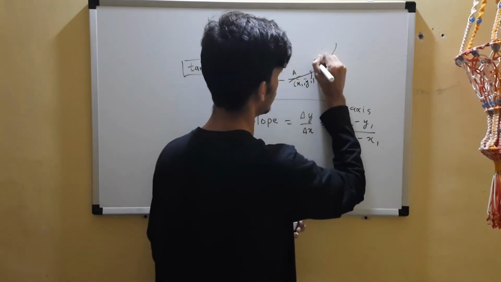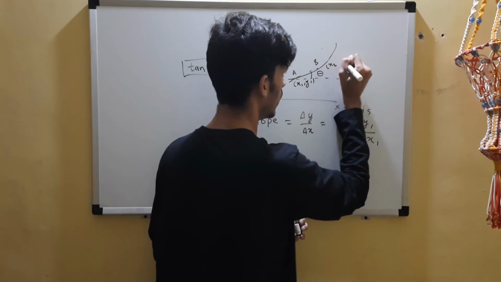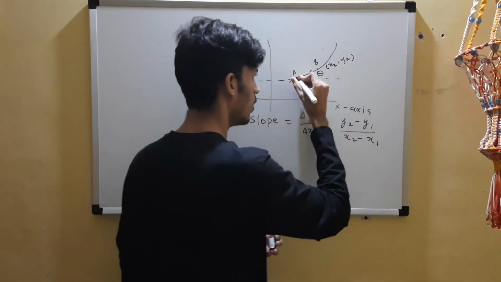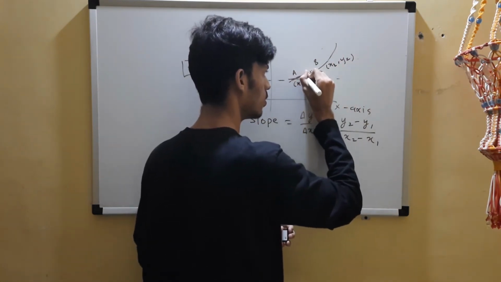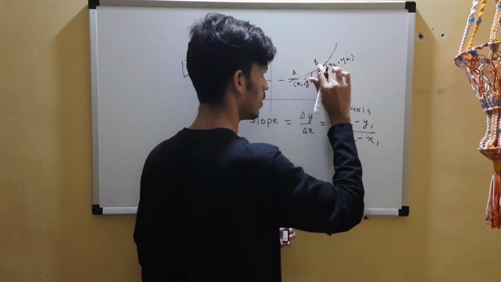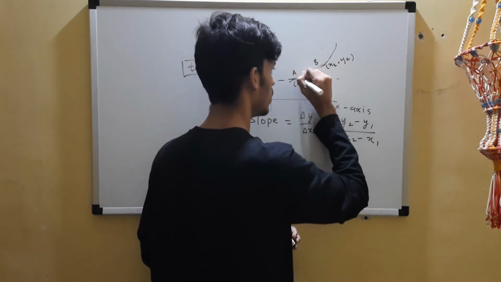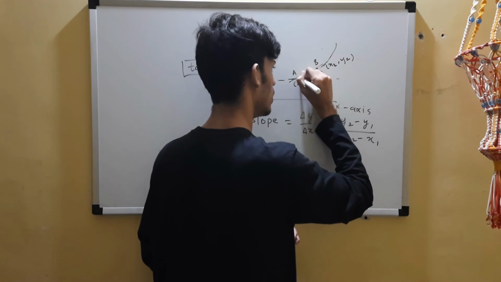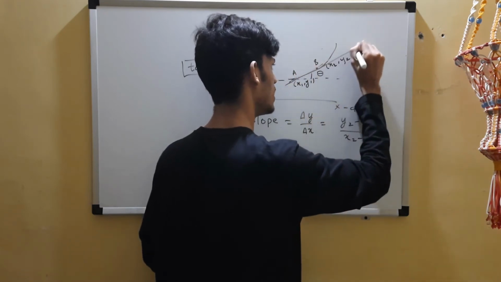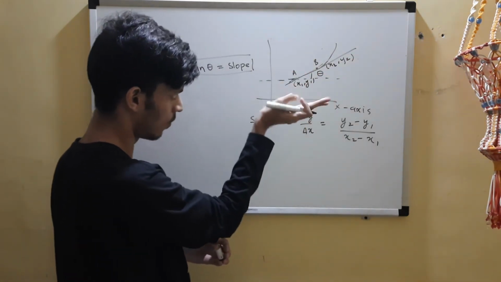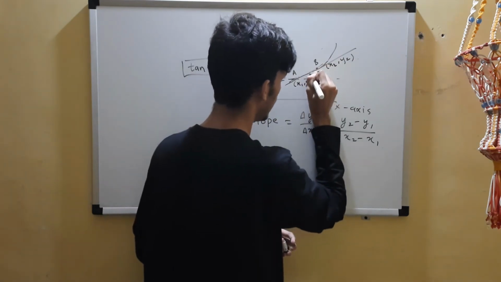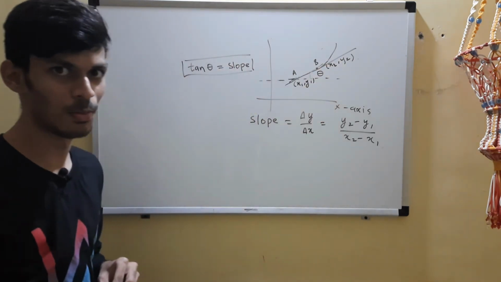Suppose we brought it here, x2, y2. Now if you see, the slope has changed again because the angle has changed. Now A is here, B is here, and the angle has changed slightly, right? It has fallen. So tan will change, slope will change.